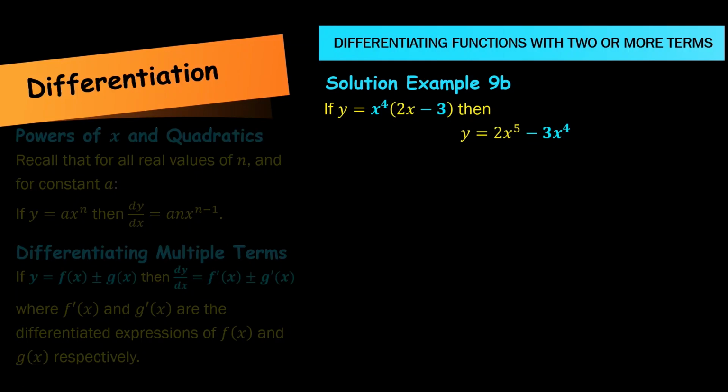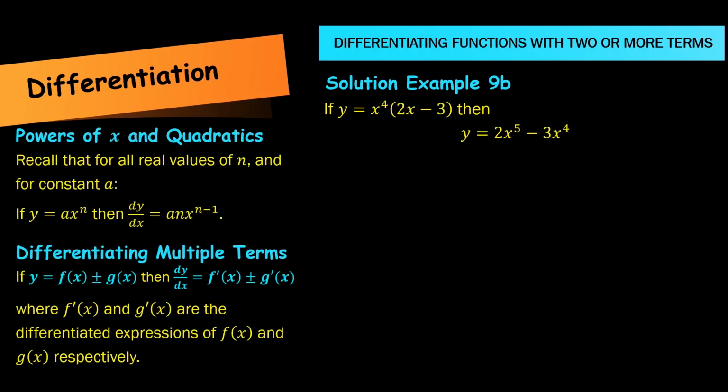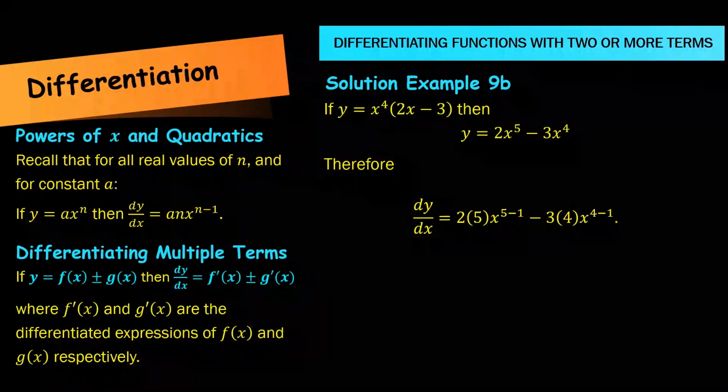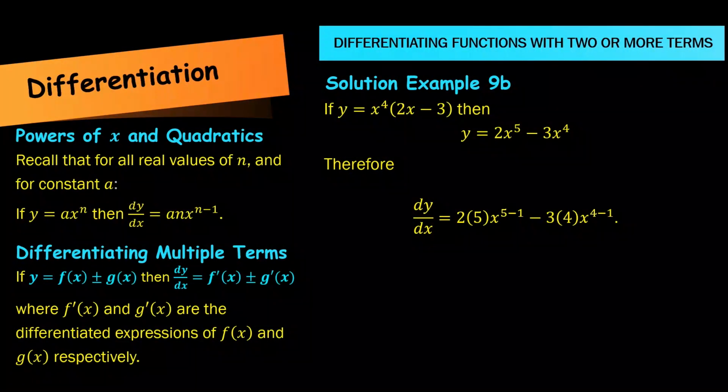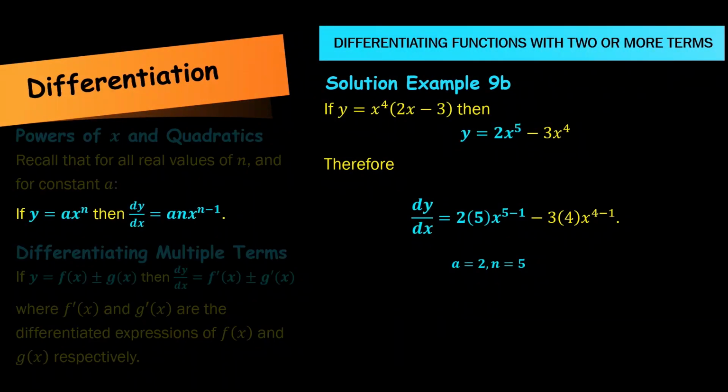Now we can differentiate term by term. So for the term 2x to the power 5, we have a equals 2 and n equals 5. And again, simply plugging into the formula for dy/dx gives us the expression shown.